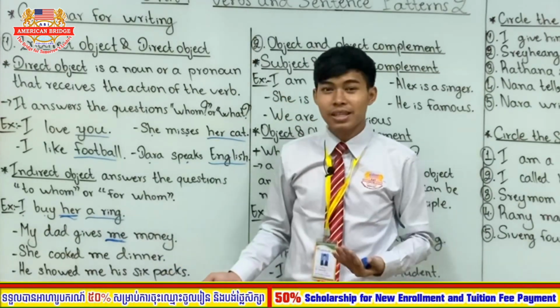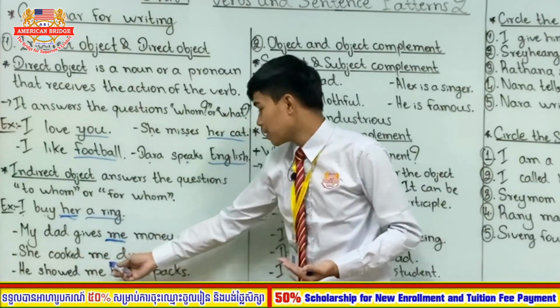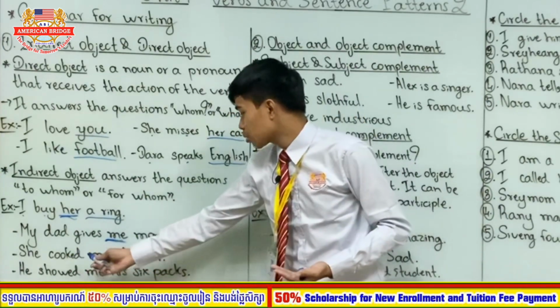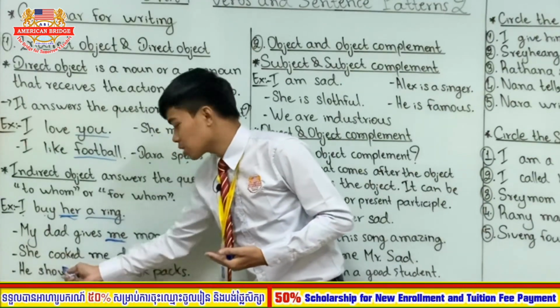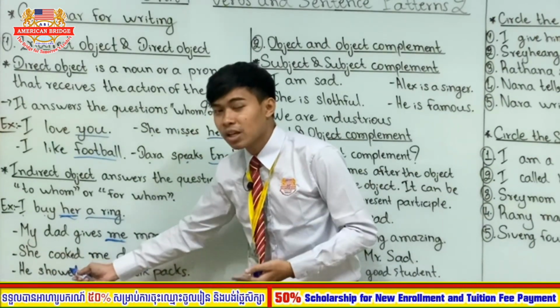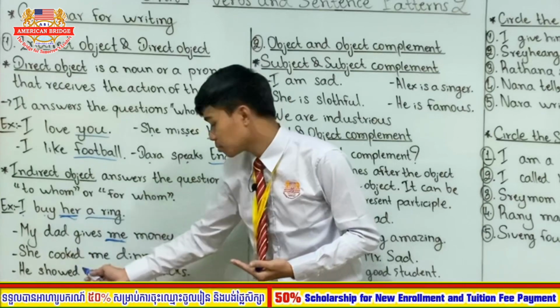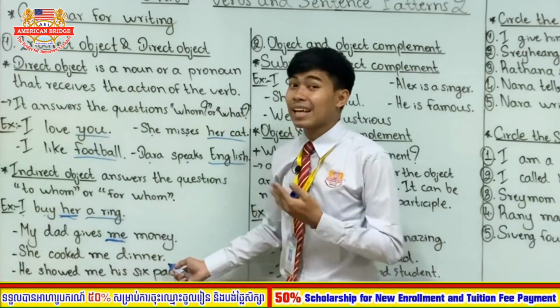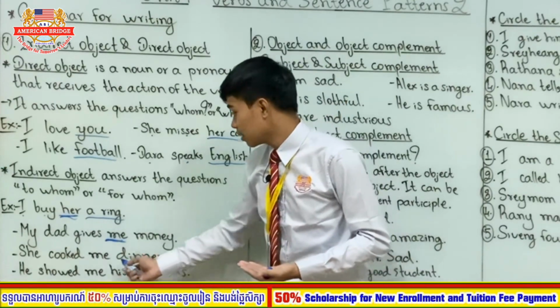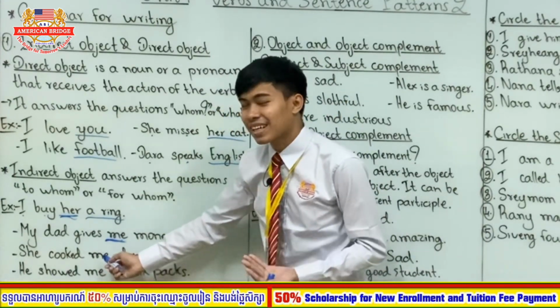Let's go to the third example. She cooked me dinner. So she here is the subject, right? Cooked here is the verb. She cooked. Cooked what? Cooked dinner. So dinner here is a direct object, and me here is an indirect object.